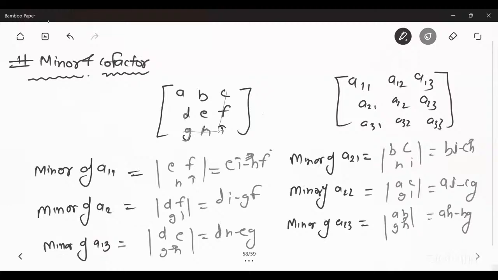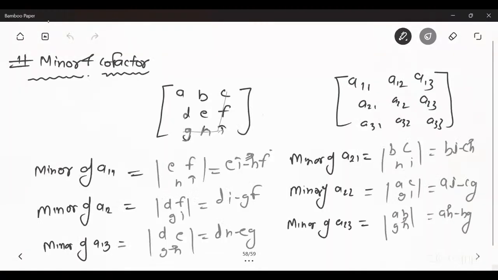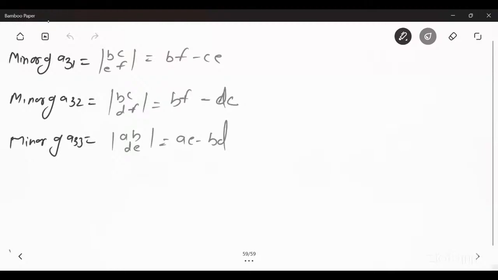Minor of A33 means you have to skip the third row, third column. So A, B, D, E. So you will get AE minus BD. So that was the value of your minors: minor of A11, A12, A13, A21, A22, A23, A31, A32, and A33.